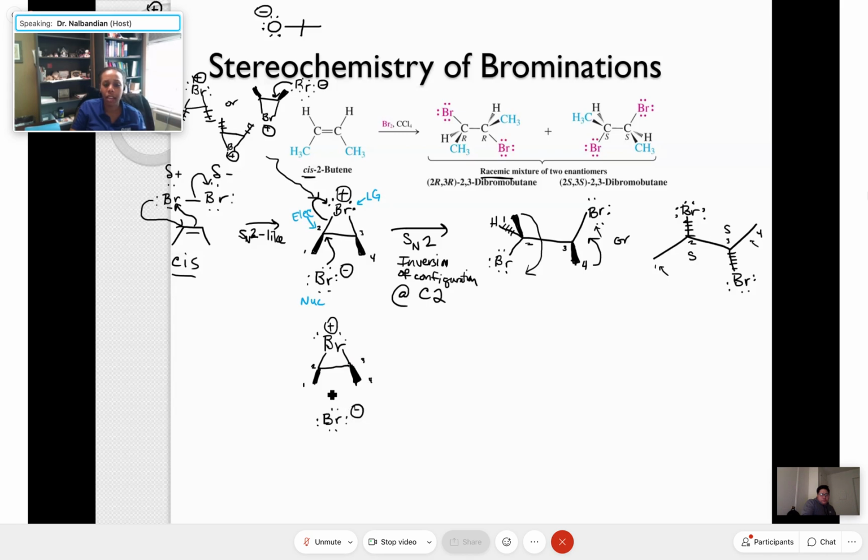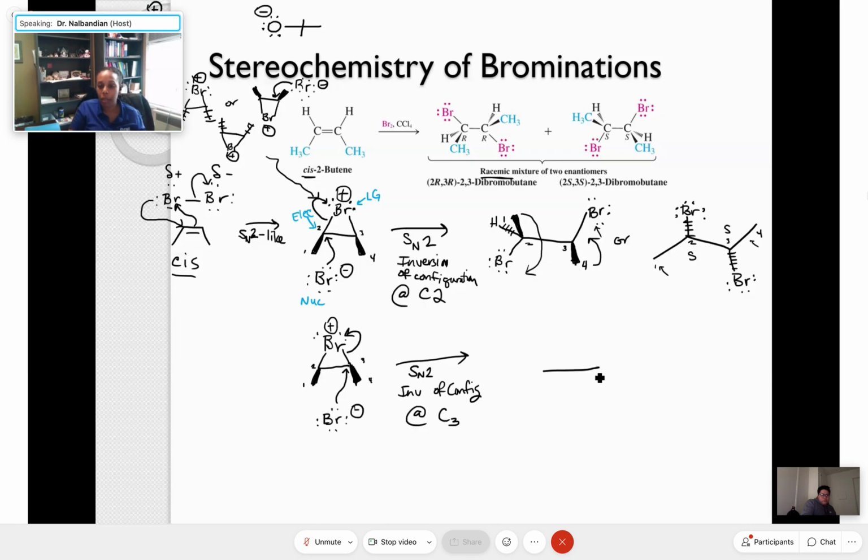Because there's no difference, right? They're both electrophilic. So I'm going to have it attack carbon 3, and I'll break the bromine carbon 3 bond now. So now I get still an SN2, still inversion of configuration, but now this is at carbon 3.